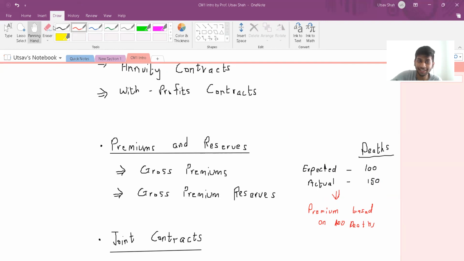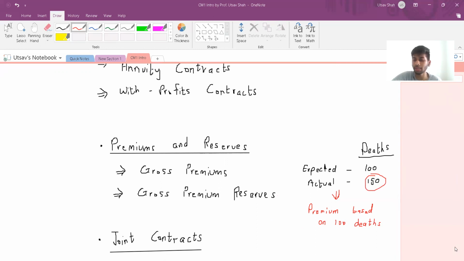Sorry, that's really bad handwriting. I'll just change it. One second. Right? But now they've charged the premiums based on 100 deaths, and now they have to pay benefits to 150 policyholders, right?